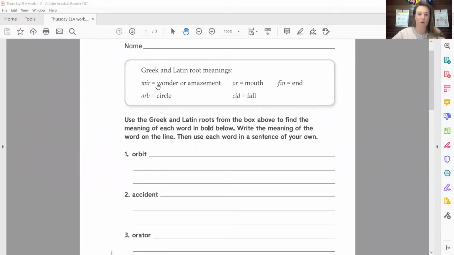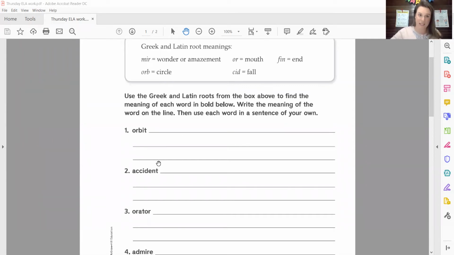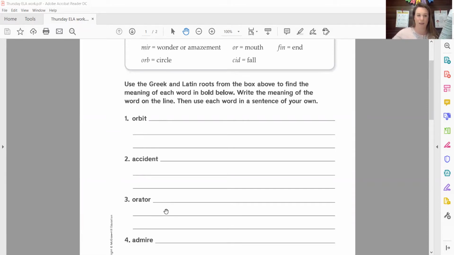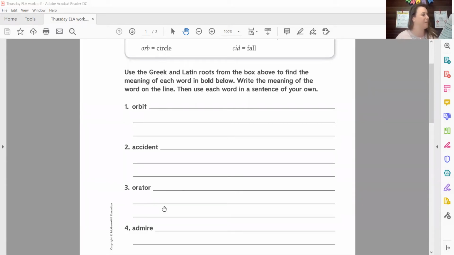All right, I'm going to clear this up, and we're going to go to the next one. Orator. Well, or means mouth. If you read it in here, you've got to get your context clues and go back and read it. What does orator mean? Let's see. It says, he used his skills as an orator, or public speaker. There you go. It says comma, or public speaker.